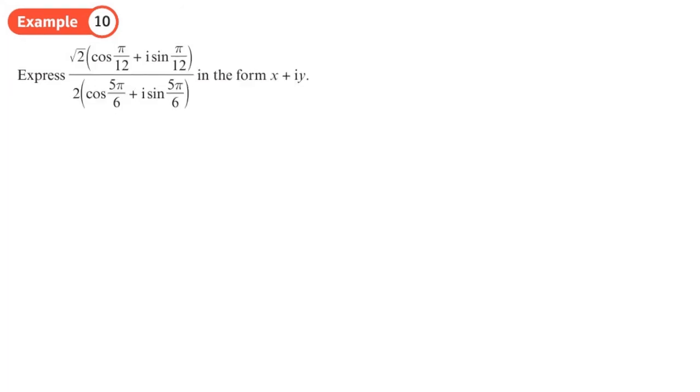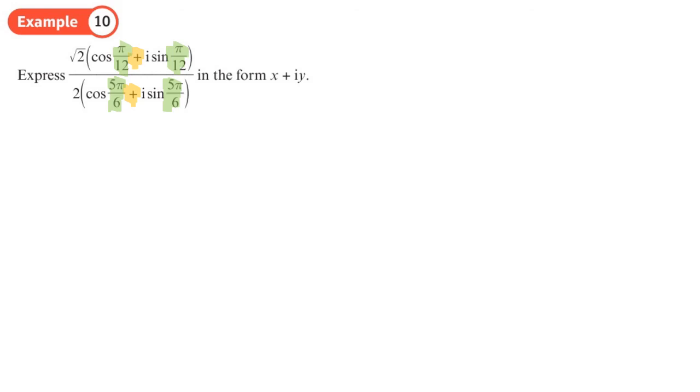Right, here's a division. So division means that we need to divide the moduli and subtract the arguments. Now you can see the signs here are positive, and the arguments both have the same signs, so that's fine. So we don't need to use the identities that we did in the last ones. We can just go ahead and do the working.